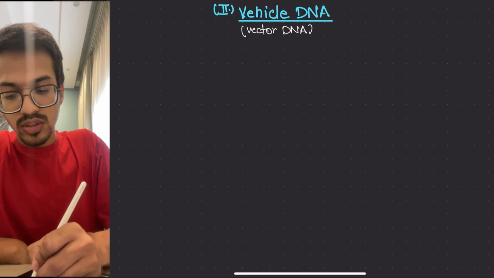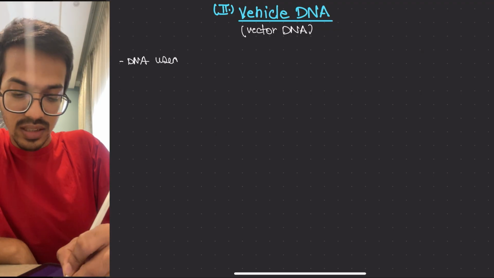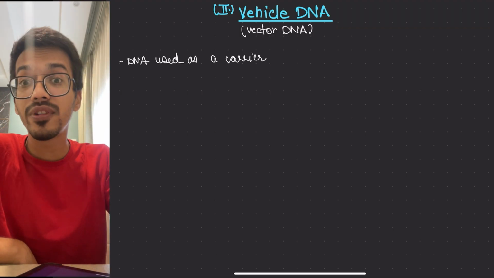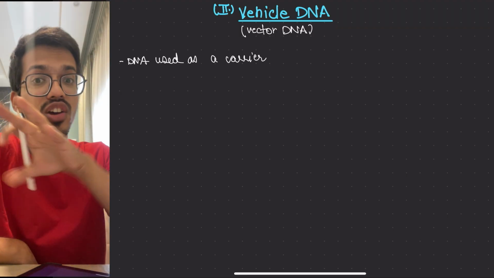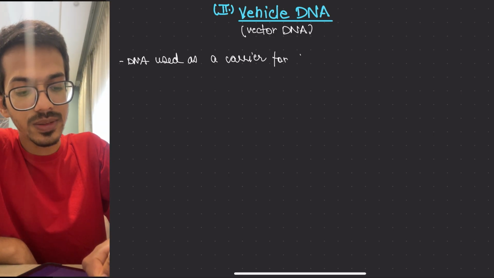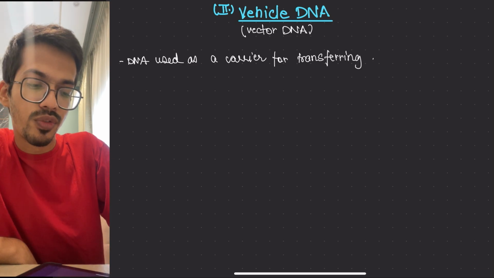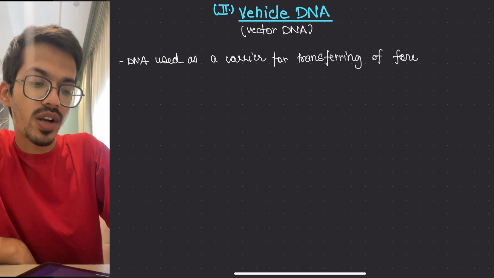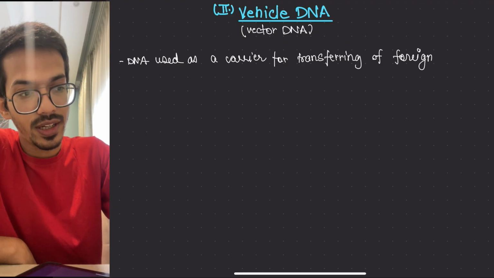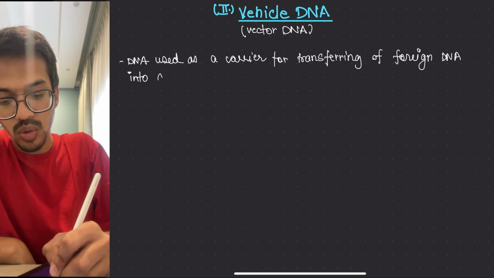It is DNA used as a carrier, like a carrier of disease such as a mosquito, in the same way a carrier of the gene of interest, for transferring foreign DNA, meaning your jellyfish DNA, into a desirable host.